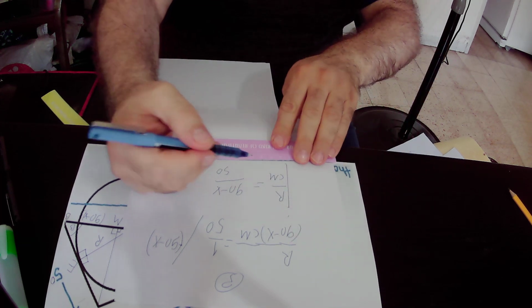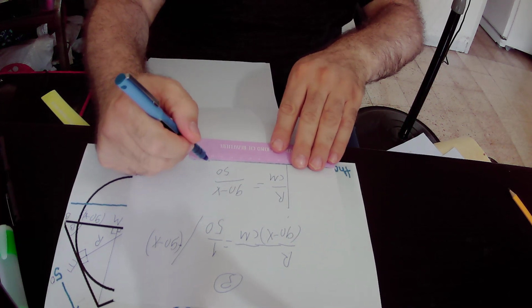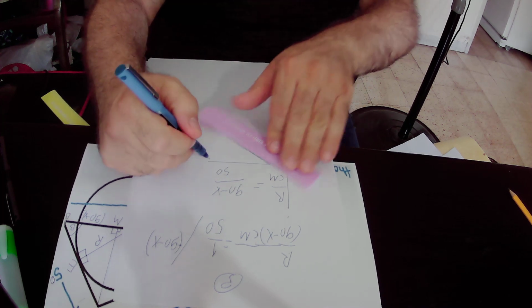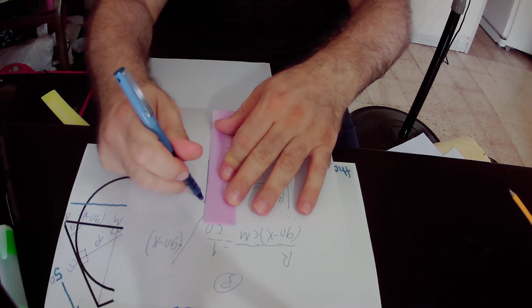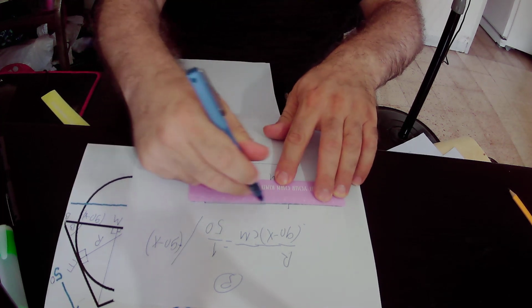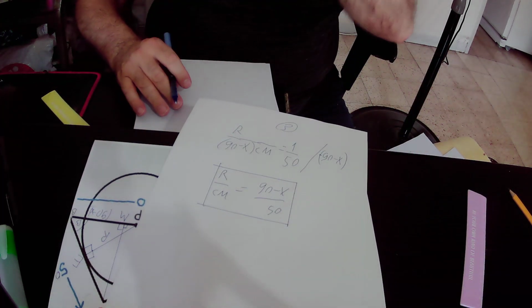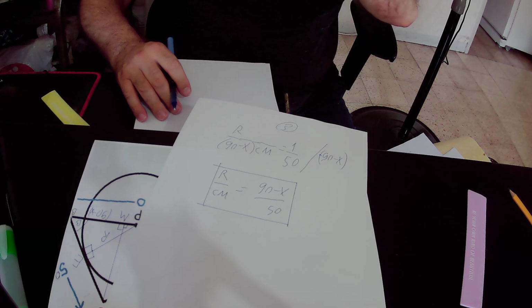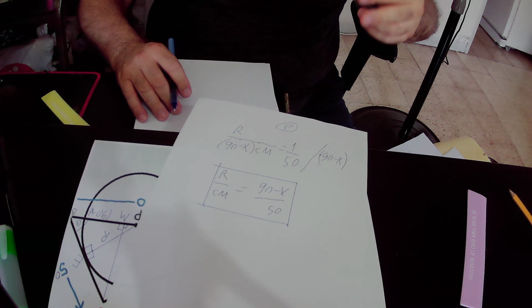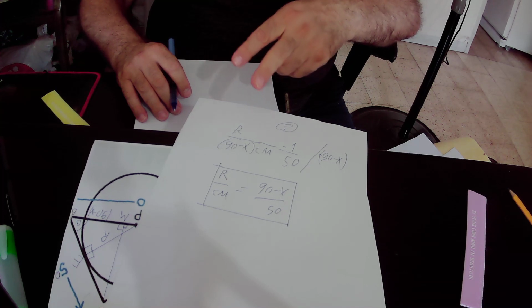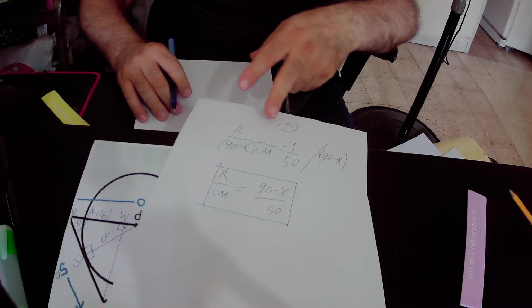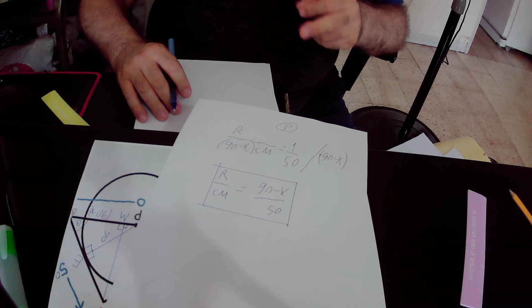Okay, we multiplied both sides of the equation by 90 minus x.